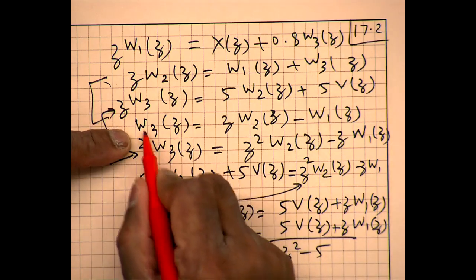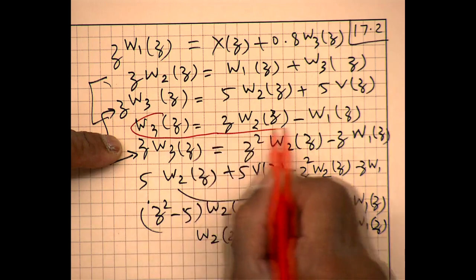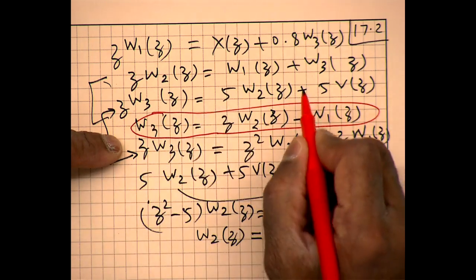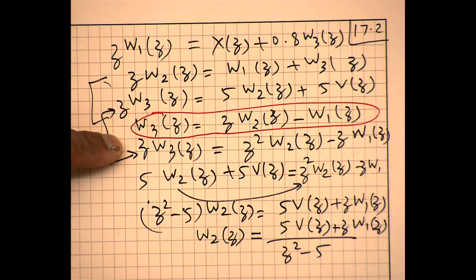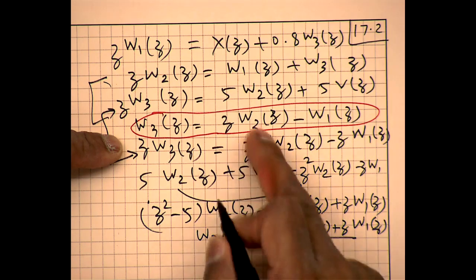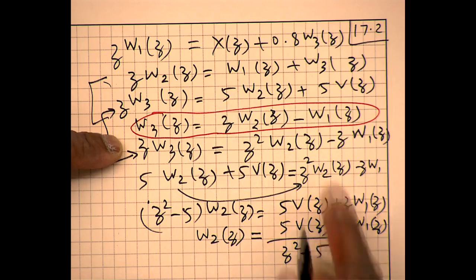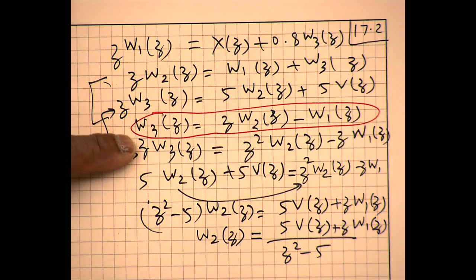If I take this W3 as this quantity and substitute that here, W3 is z times this quantity minus W1.